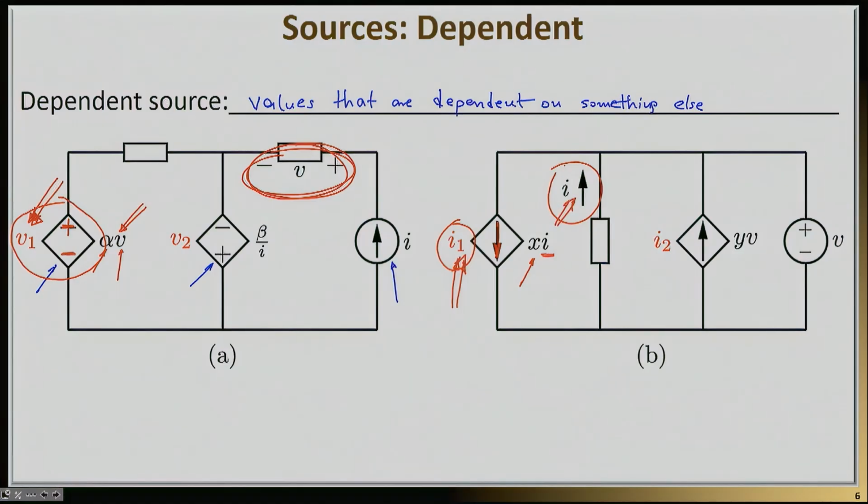It's totally possible to have a source, like the source V2 I'm showing here, that actually depends on a current I. The I, by the way, is right here. So it's totally possible to generate a dependent voltage source whose value actually depends on the current. Equivalently, you can generate a current source, I2, whose value actually depends on another voltage V. So essentially, all possible combinations are possible.